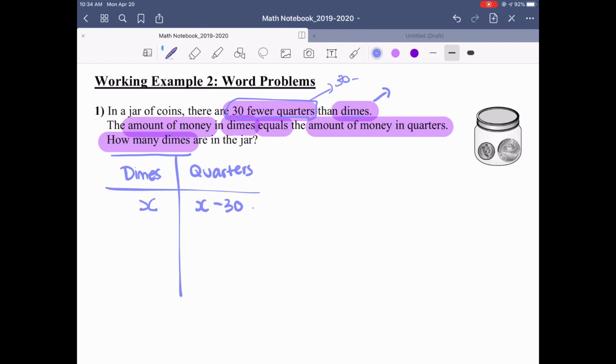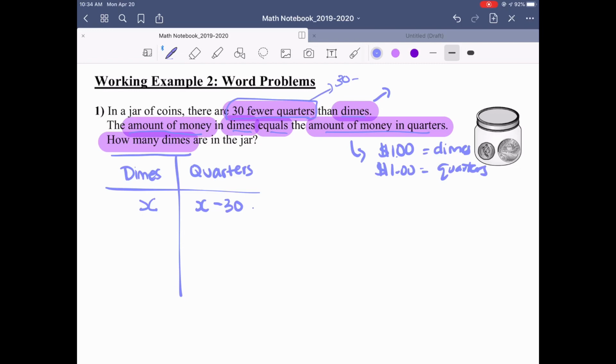Now, it says that the amount of money in dimes equals the amount of money in quarters. What they mean by this is that if we have, let's say $1 in dimes, then we also have $1 in quarters. Obviously, though, this looks a little bit different, right?